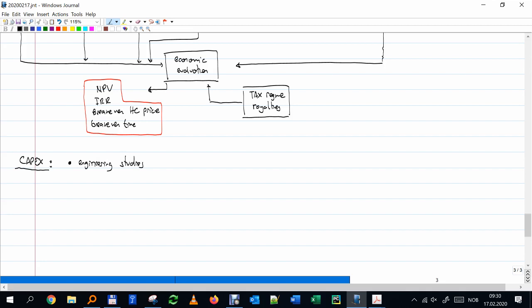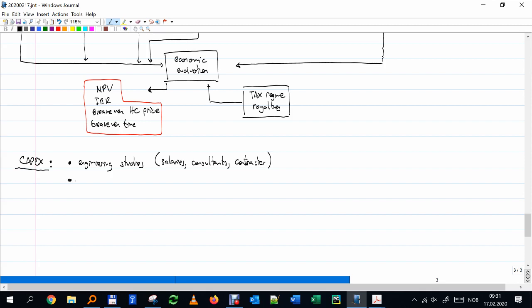You need to have a team of people working on that particular project, and here you have salaries, the consultants, or contractors. Not a big part of CAPEX, but something we have to include.